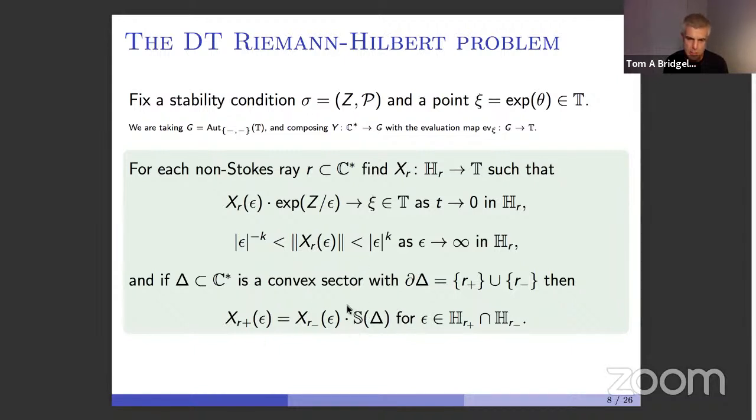So this now is an automorphism of the torus, so I can apply it to this element of the torus and get another element of the torus. And that's what we're looking for. So it's a rather abstract seeming thing. And at this point, I'm basically going to go to some examples and try to show you how this can be solved. Tom?